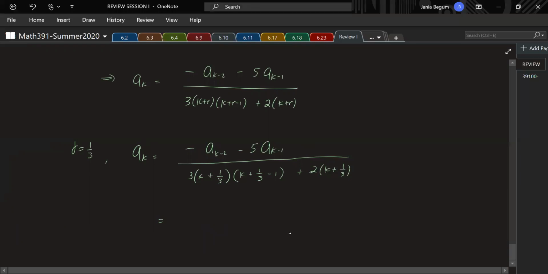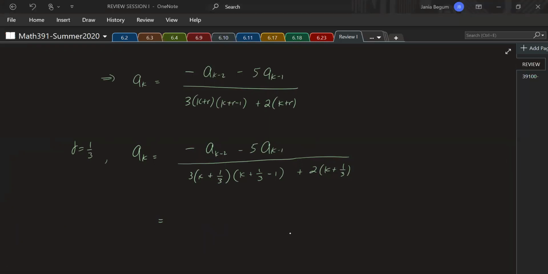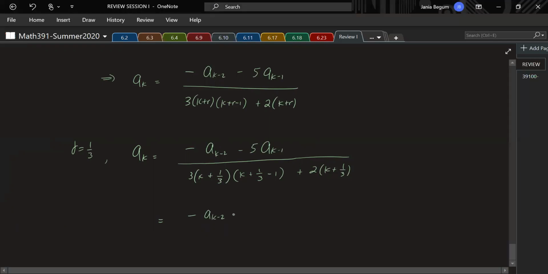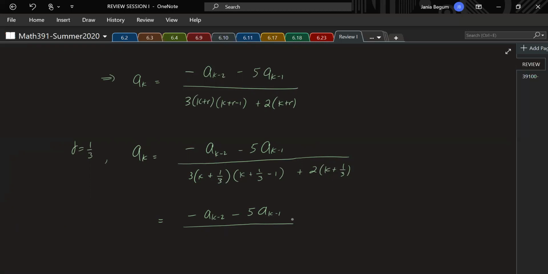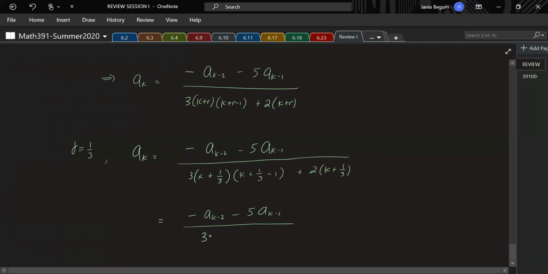So I plugged in r equals 1/3, and I'm just going to simplify this more. So we have negative a sub k minus 2 minus 5 a sub k minus 1 over, so I'm just going to distribute the 3 and simplify. Or maybe not. Should we distribute? What should we do? Okay, so the bottom should be 3k squared plus k minus 4/3. Did you simplify all of that? Yeah.